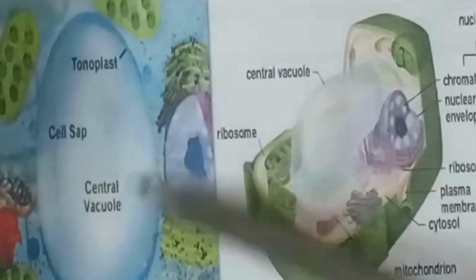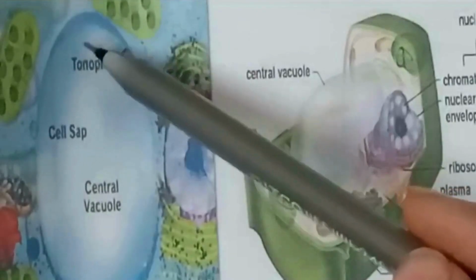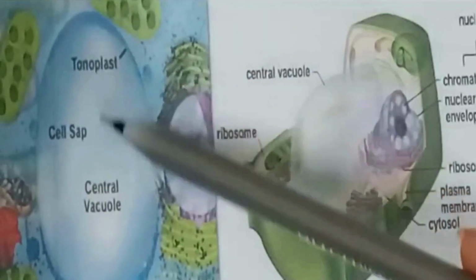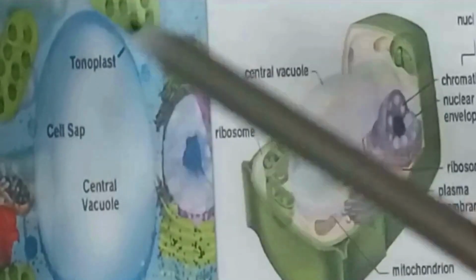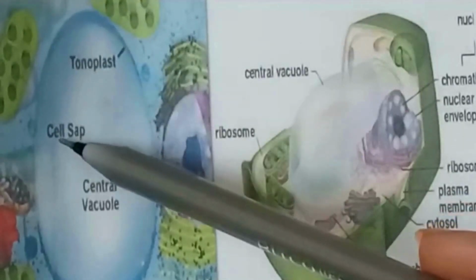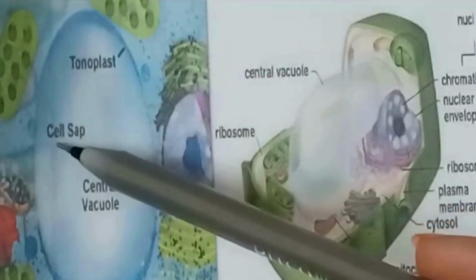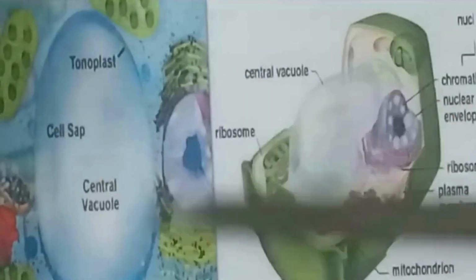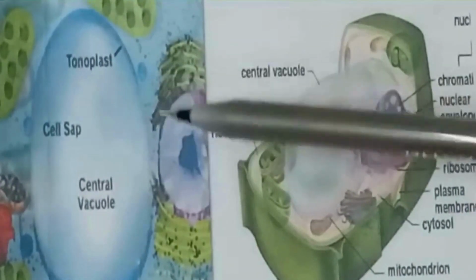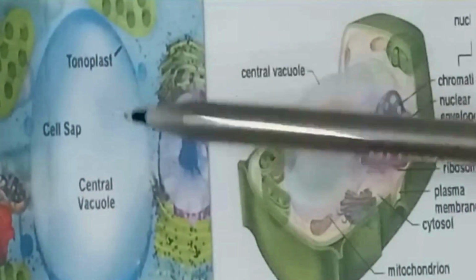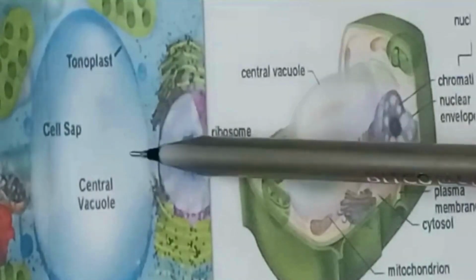The single membrane, which is known as tonoplast, facilitates transport of a number of ions and materials against the concentration gradient into the vacuole. There are many types of vacuoles, like the contractile vacuole, which is found in amoeba. This helps in osmoregulation and excretion.